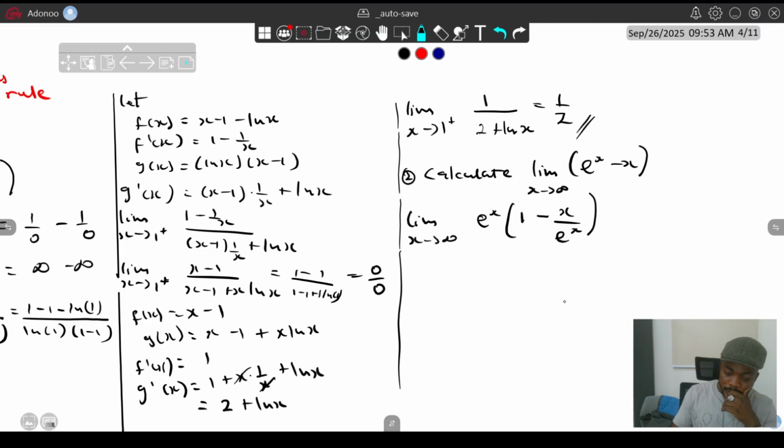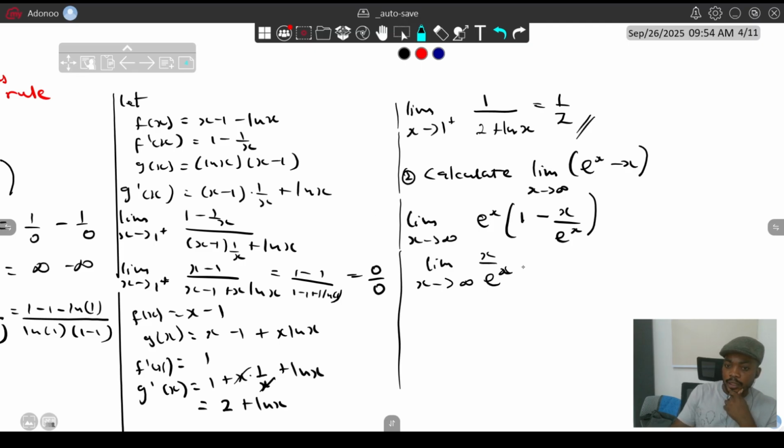Okay? So now, let's look at this. As x approaches infinity, if we consider this side, which is the limit as x approaches infinity of x over e raised to the power x, clearly, e raised to the power x approaches infinity exponentially fast, right?